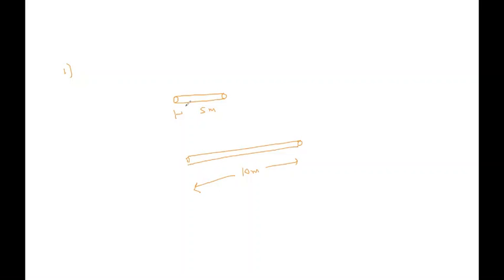So in which scenario will the electrons flow easily? Here electrons are flowing, and here electrons are also flowing after providing some potential difference. In which scenario is it easy for the electron to move? Where the rod is shorter, because it will take lesser time for them to pass through. Lesser time?